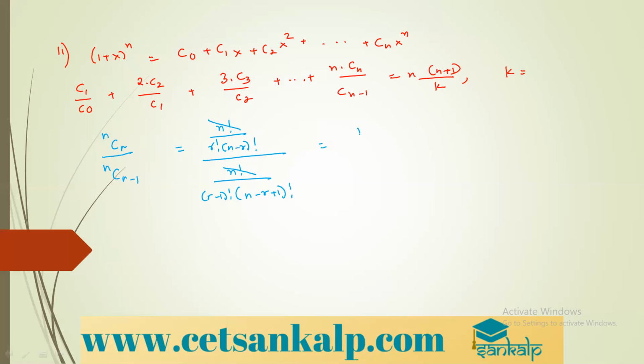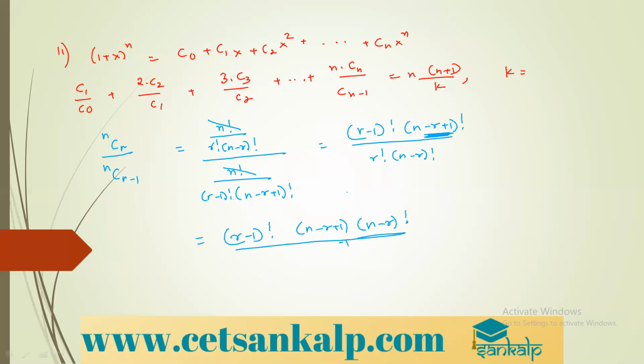So I have (r-1)!(n-r+1)! by r!(n-r)!, which I will write as: I'll keep (r-1)! same, but I will expand this because I can write (n-r+1) times the next term, minus 1, so I will get (n-r)!.